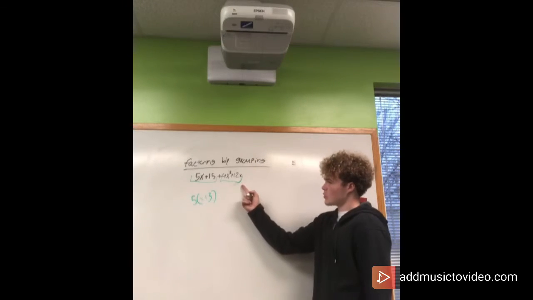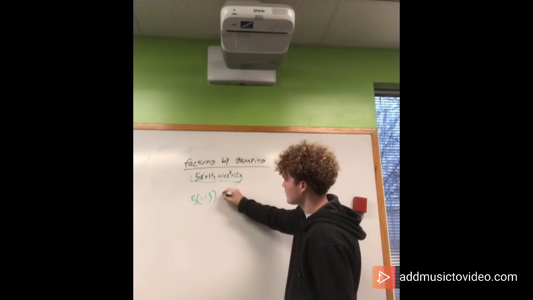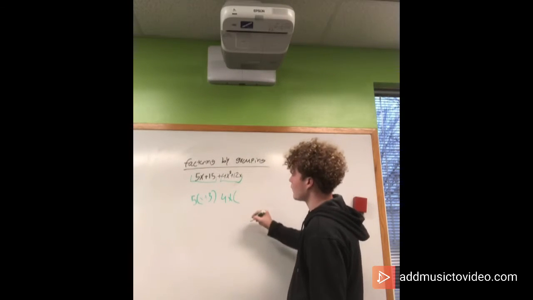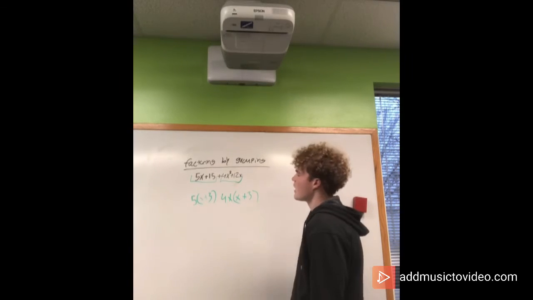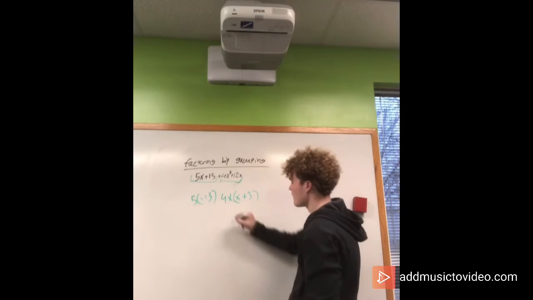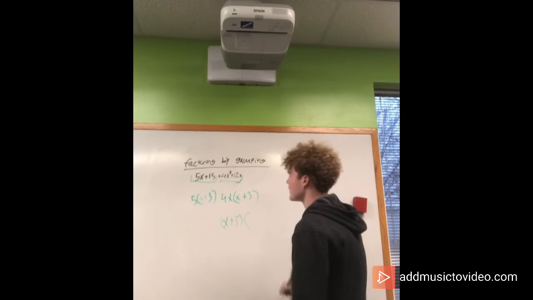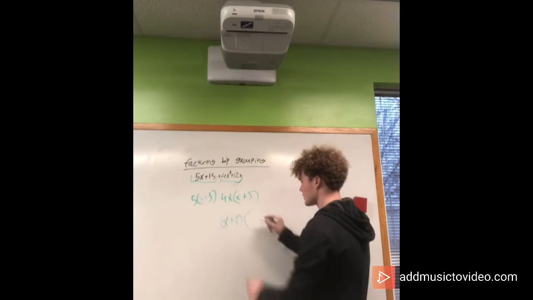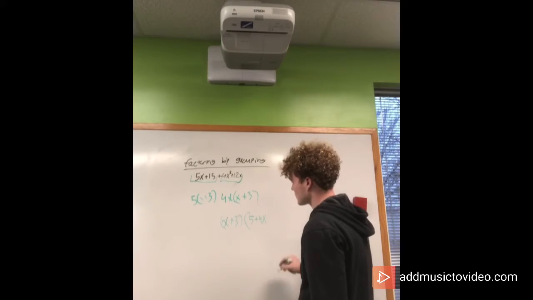And for this one, the GCF should be 4x, because you can only bring out a 4x from both of them, so you get 4x, and left over, you would get x plus 3. And for the answer, since both of these are the same, that would be one factor. And for your other factor, you would get 5 plus 4x.